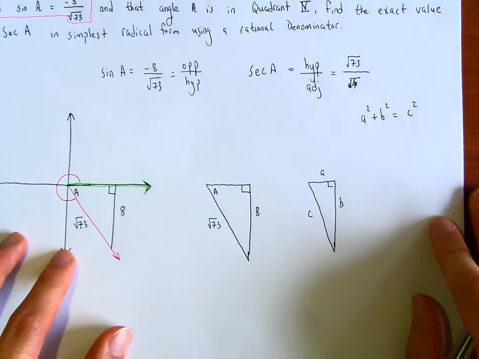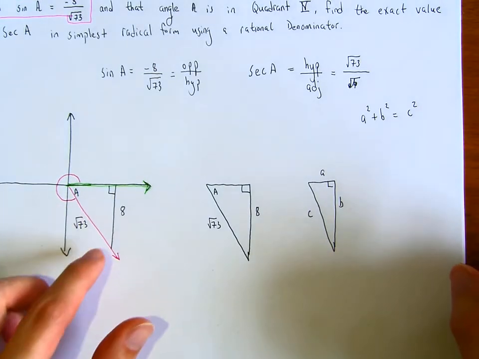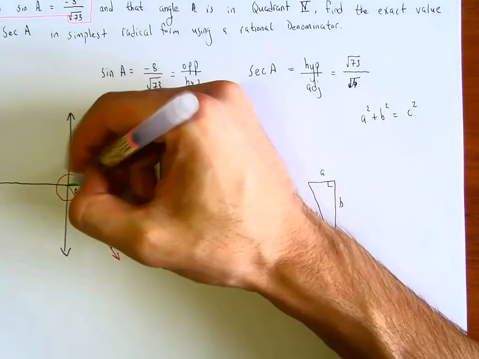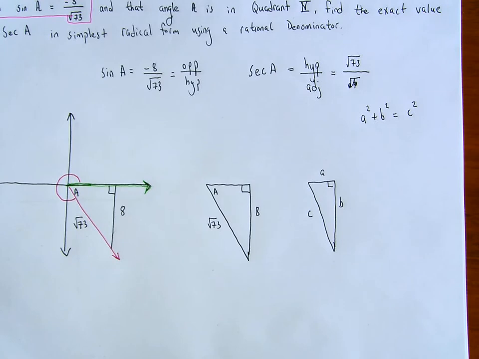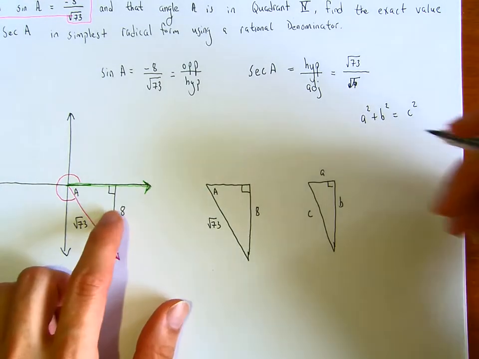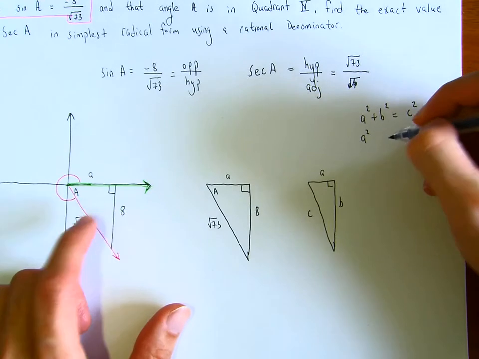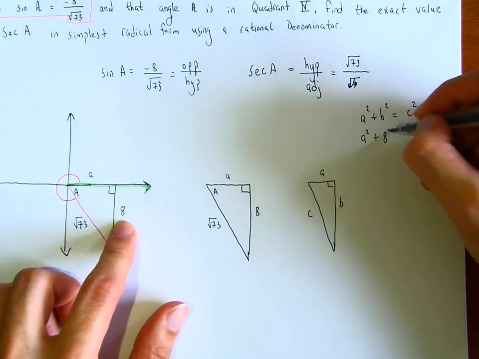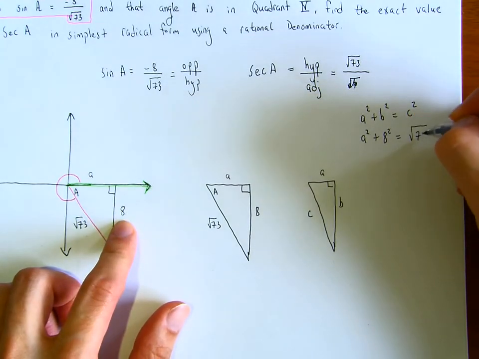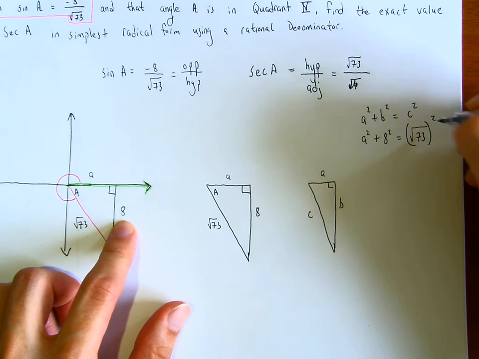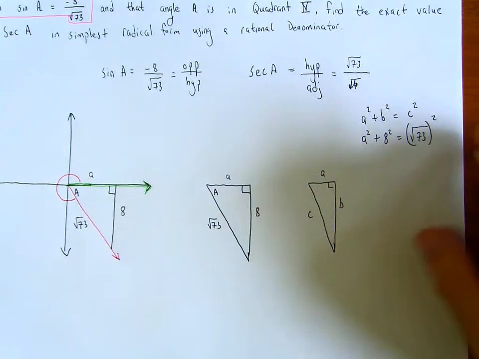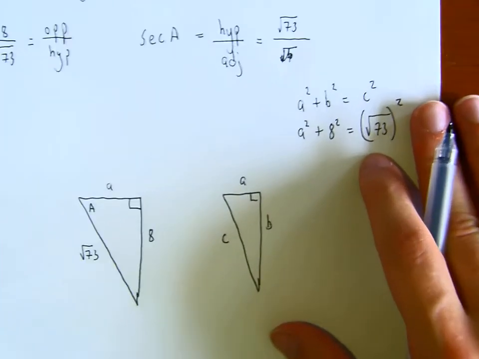And how do we actually finish this up? What I want you to do is pause the video and try to find this side over here. Let's say this is our A. We don't know A, so A squared we keep, plus 8 squared equals square root of 73 squared. Once we get to this point, let me zoom in the camera angle.